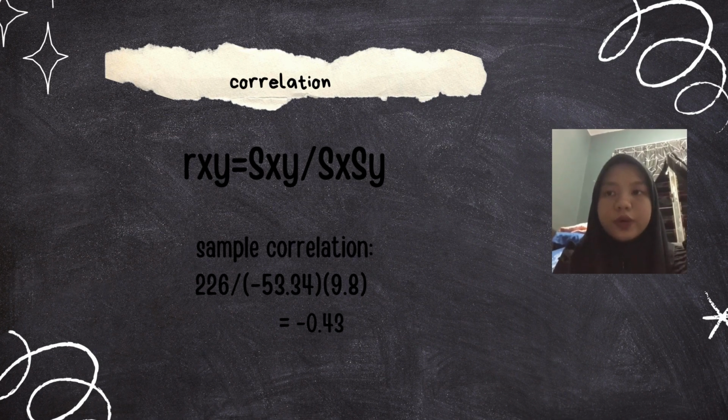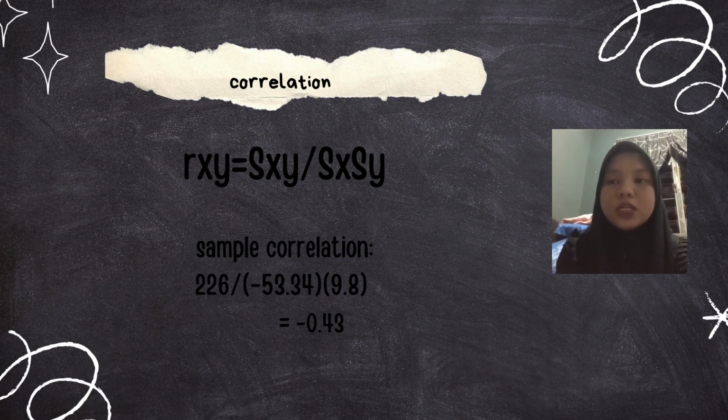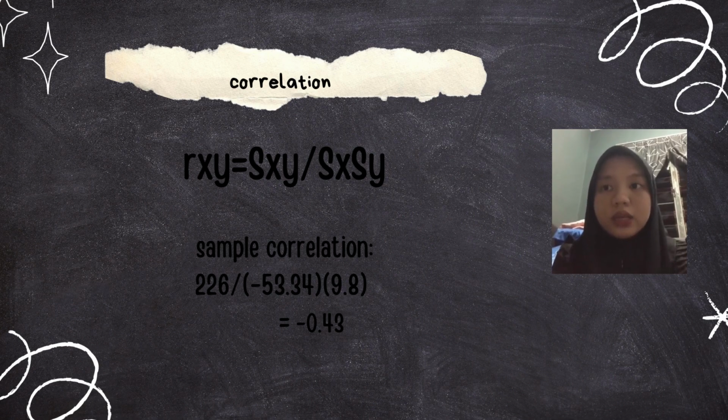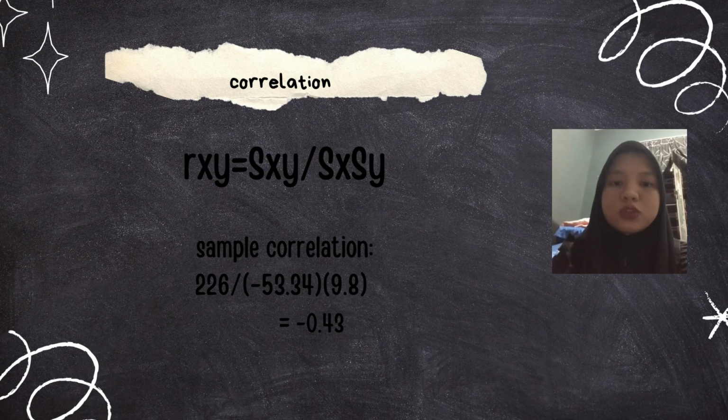So next, for the correlation, as you can see here, the formula is RXY equals SXY divided by SX times SY. So we put 226 divided by 53.35 multiplied by 9.8, and we got the answer of 0.43.